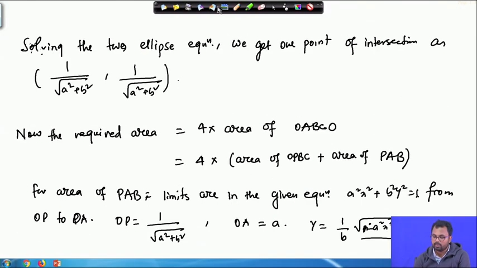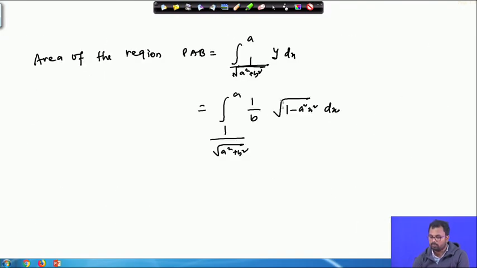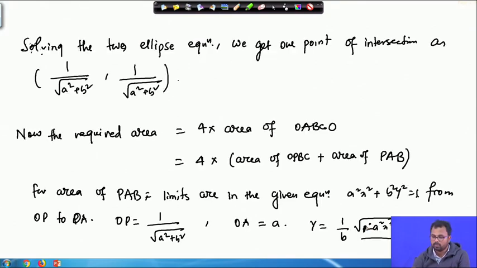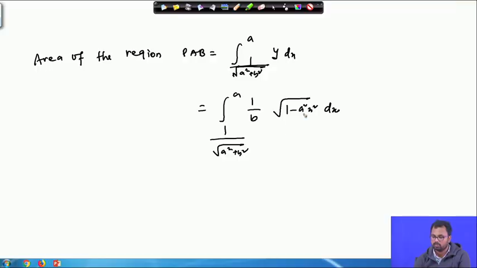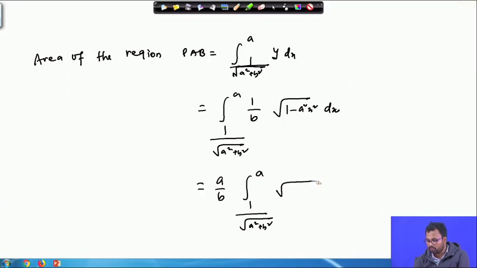And now we have to find the integration of this thing here. So we have to calculate the integral. This is pretty straightforward. We will take A square out from here, so it will be the integral from 1 by square root of A square plus B square to A of the square root of 1 by A square minus x square, and then we will use the known formula of integral calculus.